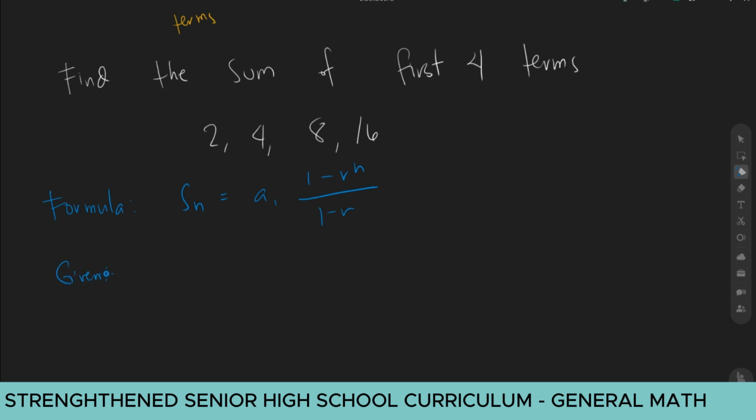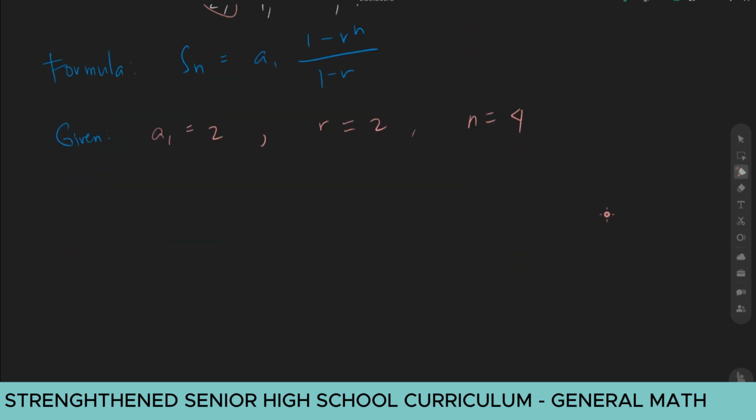Given the first term is 2. What about the common ratio? The common ratio, obviously, is equal to 2: 2 times 2 times 2 times 2. And your n is 4. Okay, now let's proceed with the solution.